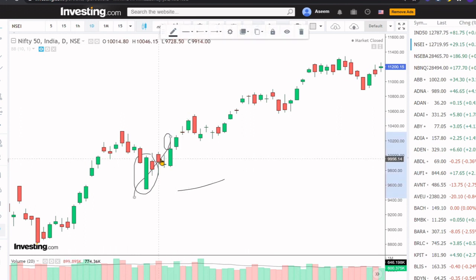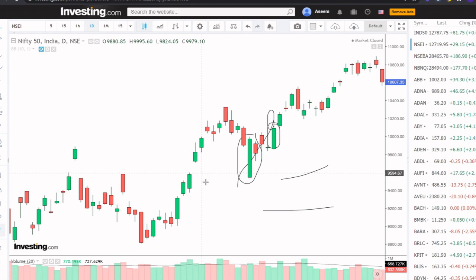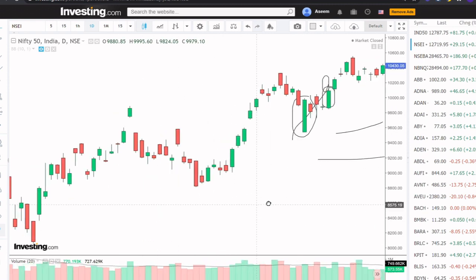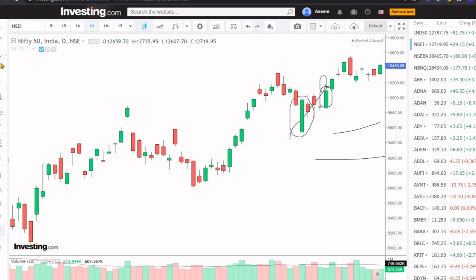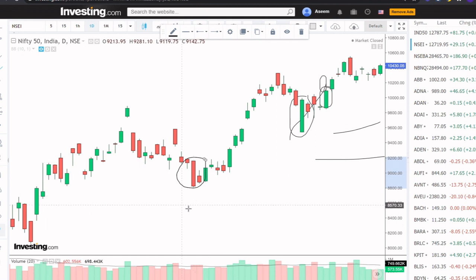See, this is another one, another bullish formation. The larger the size, the more powerful it is, right? That is here, that is here. One is definitely a full red candle, right?